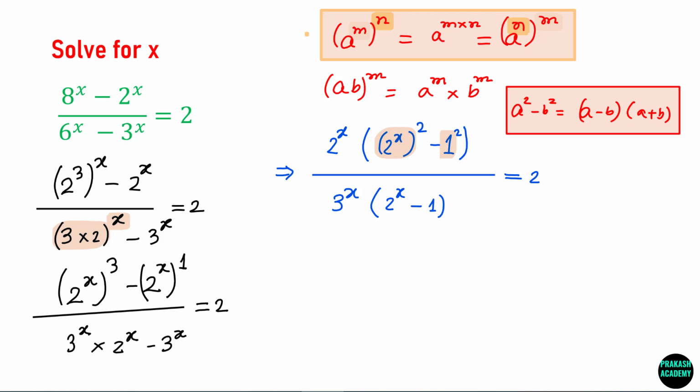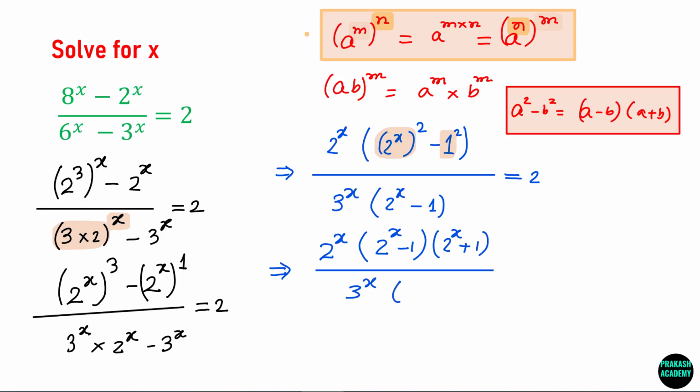So if I will use this formula, I can rewrite this expression. So this will become 2^x, this is as it is, and then this is a minus b and this is a plus b. And this divided by 3^x times (2^x minus 1), and this is equals to 0.